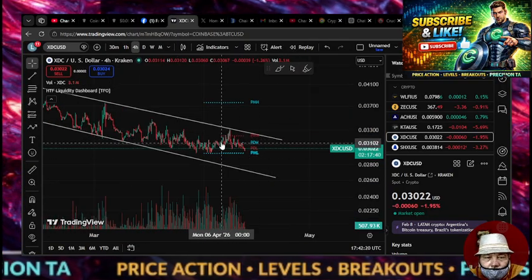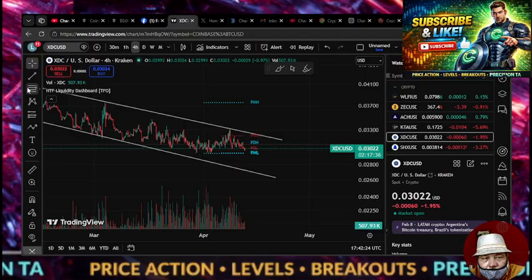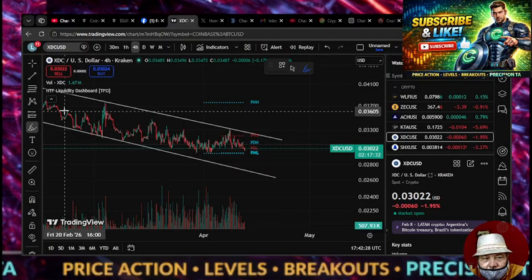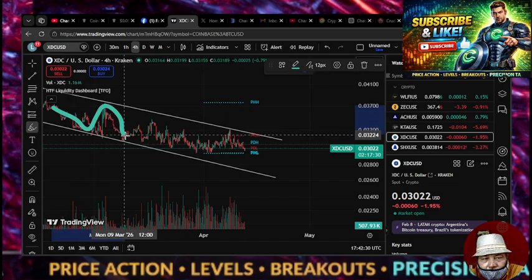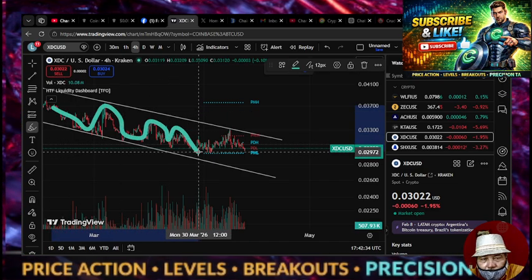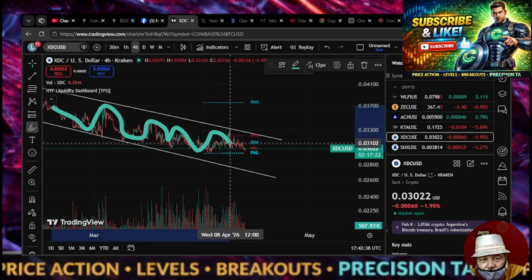So it looks like we came down in a consolidation phase. You can see right here, we came down and found this area at the previous month low, and then we kind of consolidate.